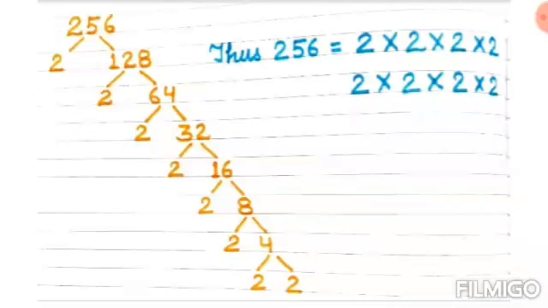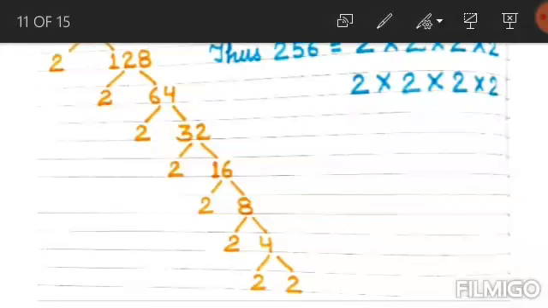Next question is 256. We will take here prime number to divide this number, that is 2. After dividing this, we get 128. Again and again, we divide the numbers or the quotient by the prime numbers like this.